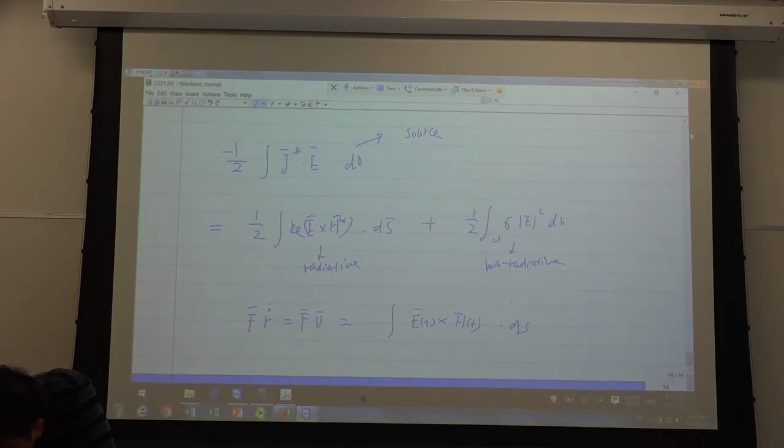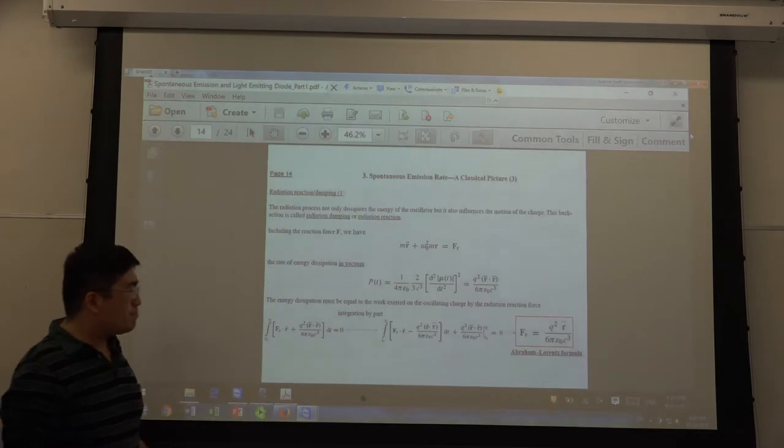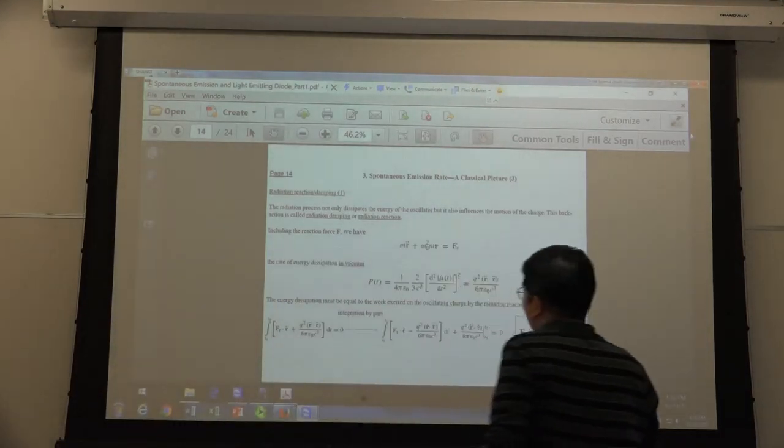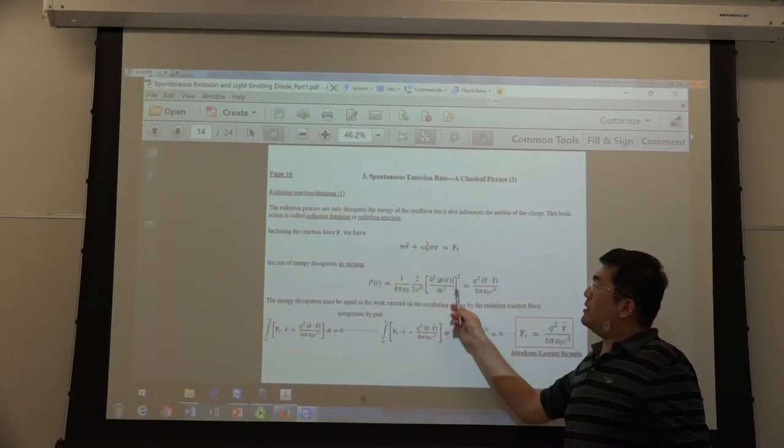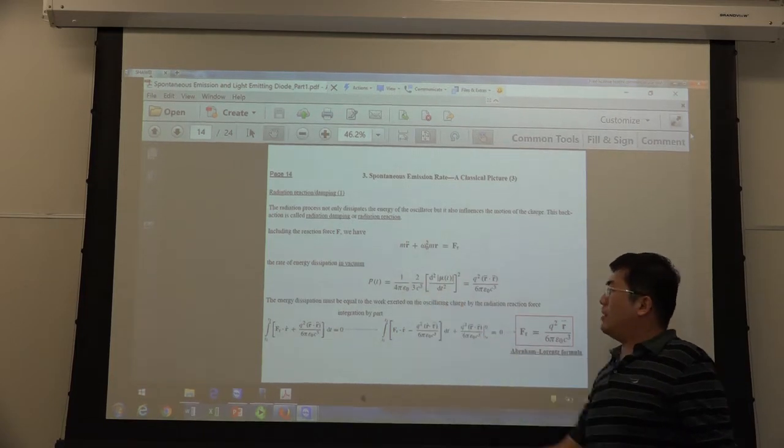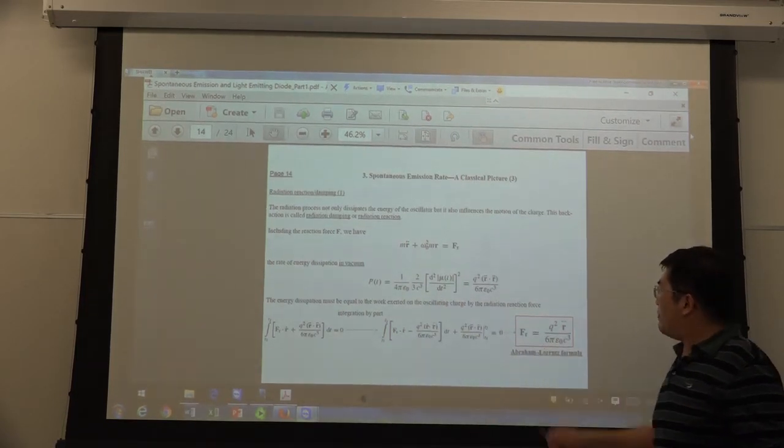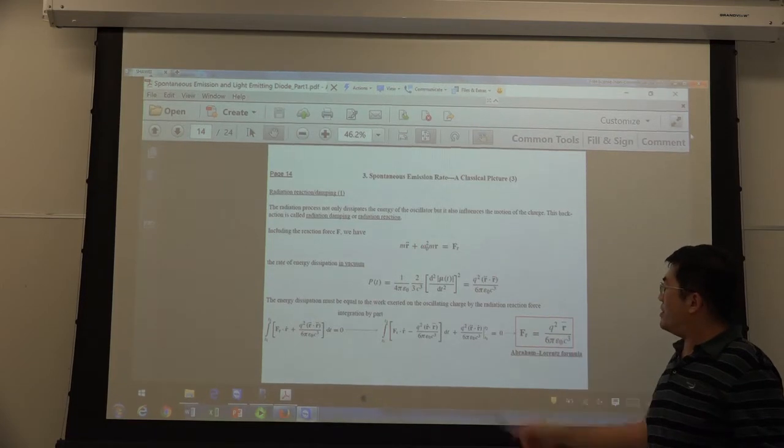Something like this, just a balance. This is the power, and it's also a power. Finally, I do some simplification. You can derive this by yourself, it's not difficult. So finally you can get this expression.